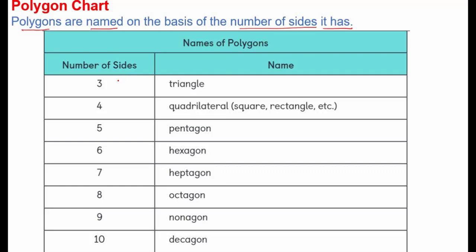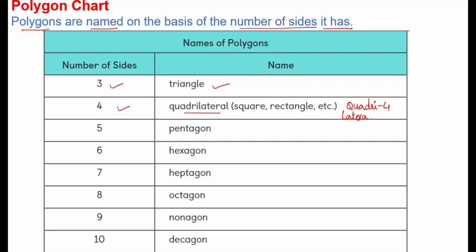See, children, a polygon having 3 sides is called a triangle. A polygon having 4 sides is called a quadrilateral. What is the meaning of quadri, children? 4. Quadri means 4.